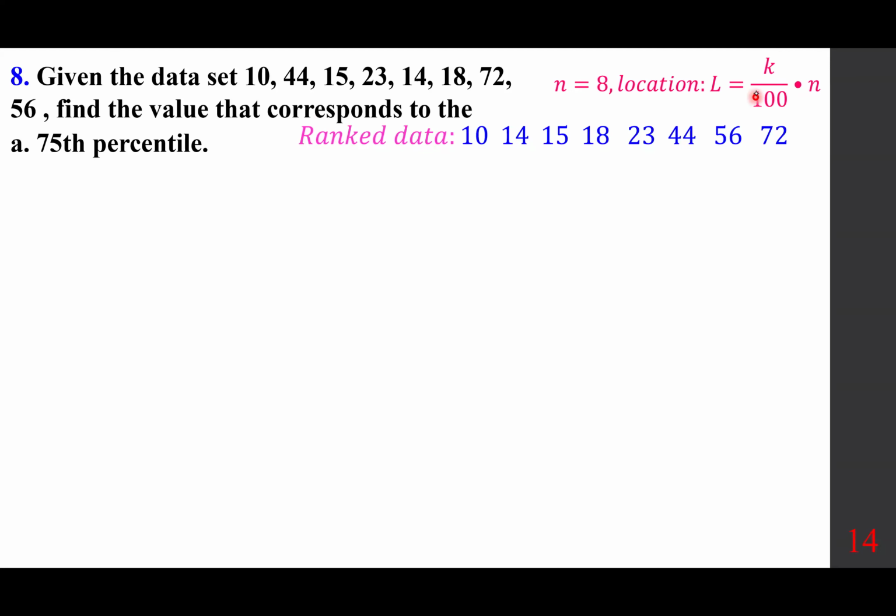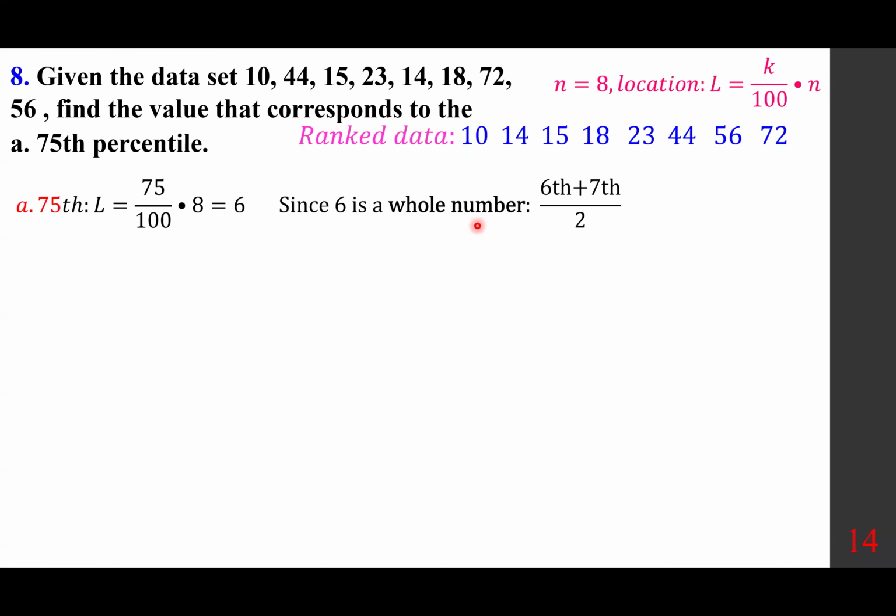So let's use that to find the 75th percentile. When we multiply the two, we get number 6. Now, the methodology is that if you come up with a whole number, since 6 is a whole number, you go to the next one also and you find the median for the 6th and 7th, the mean of the two numbers.